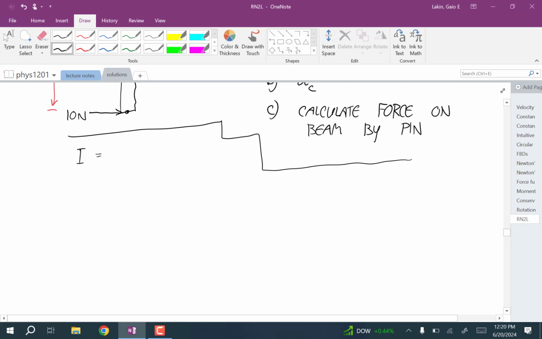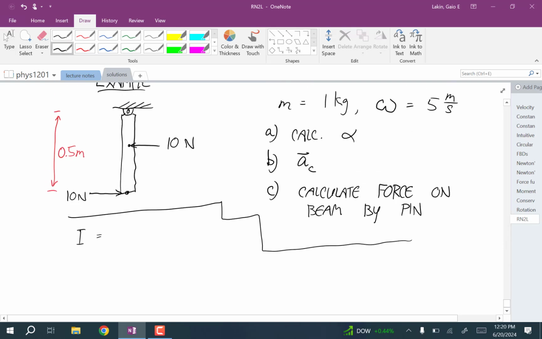So I for this body, we're at the end of the length, so this is going to be 1/3 times the mass times the length squared, plus the other term is going to go away because we're assuming the thickness is 0. And so we get a moment of inertia of 0.08, and then 3's repeating, and this is kilogram meters squared.